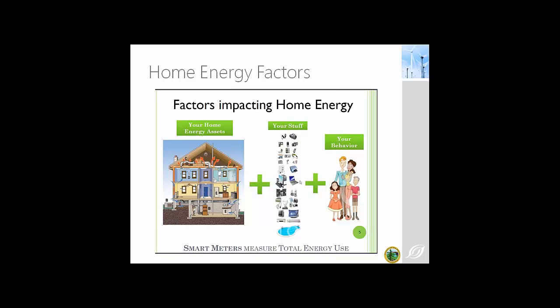Everybody has their phone and phone charger and computers and TVs and all those things that are plugged in all the time, and that really affects your energy consumption. And then your behavior. You may have a really energy efficient dryer, but if you leave the lights on in your house all day while you're gone, you're not going to see the savings on your energy bill that you were expecting. We can go to the next slide.